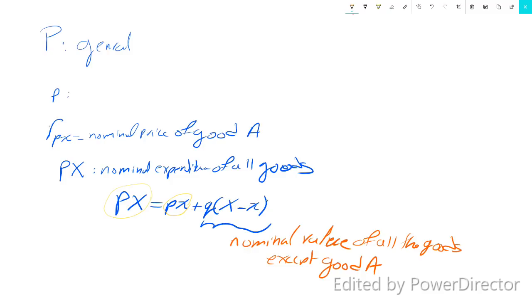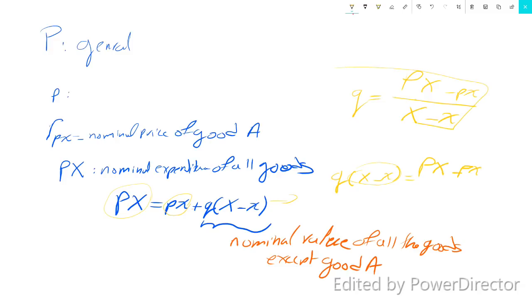So if we want to solve for Q now, let's solve for Q. We know that Q times big X minus small x is equal to big P times big X minus small p times small x. So if we divide this by this term, we get Q is equal to big P times big X minus small p small x, divided by big X minus small x.